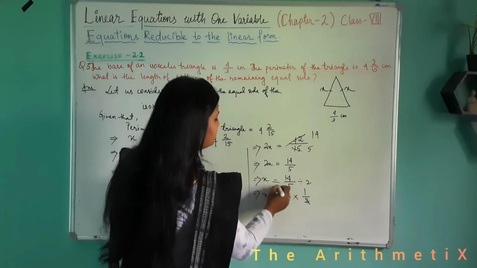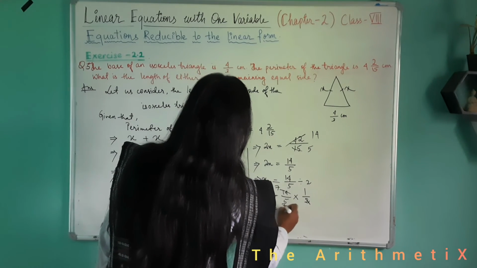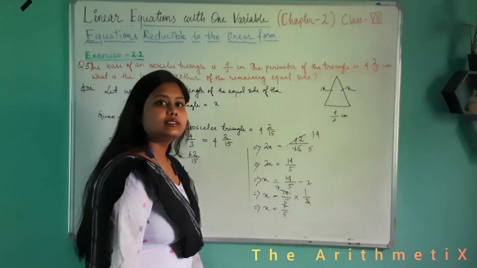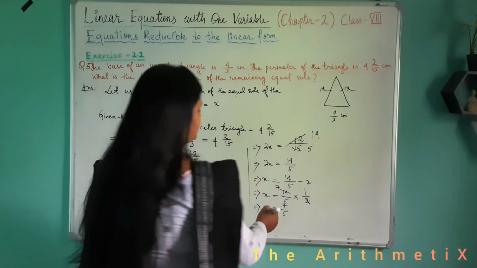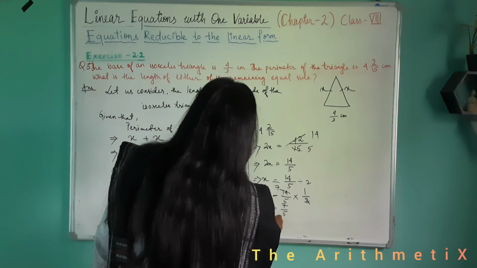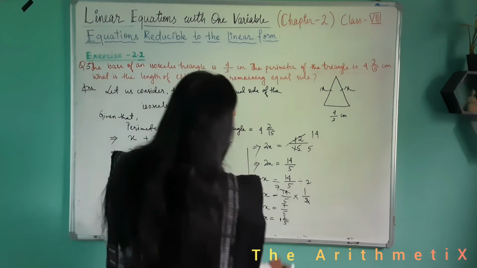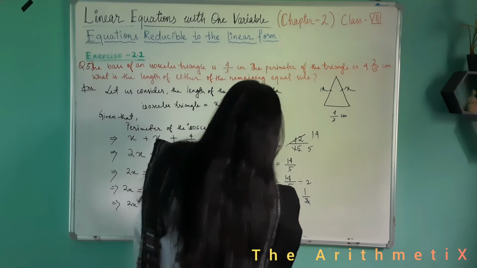So if we cancel it with 7, this implies x equals 7 upon 5. See, this is an improper fraction. We can convert it into a mixed fraction. This implies x equals 5 ones are 5, 2 upon 5. So 1 and 2 upon 5 cm.